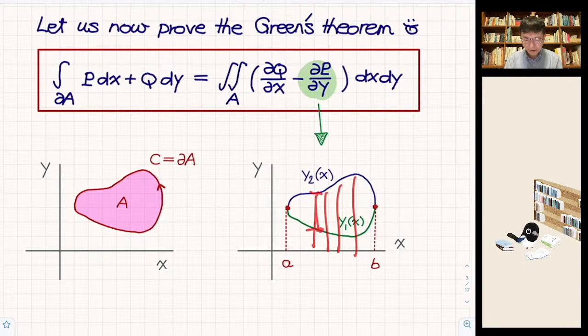For each x, you are really just running from y1 to y2. Let me draw this one more time. For a particular x, you integrate y from y1 to y2 like this. Then you change your x, move from here to here, and then from here to here. If you run through all the integrals, you cover the whole entire area.